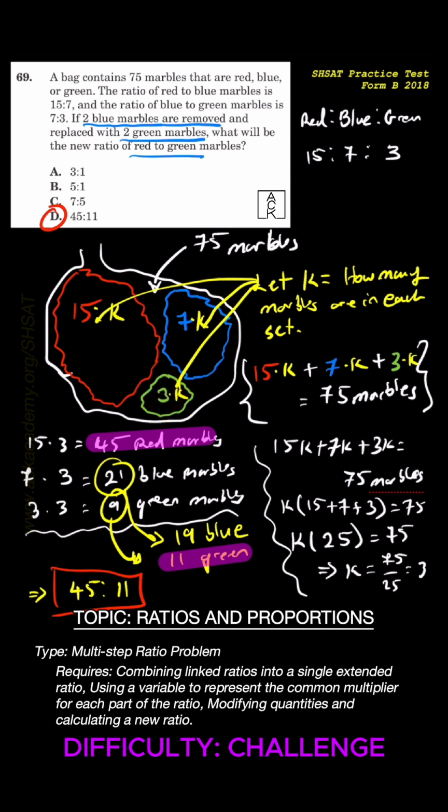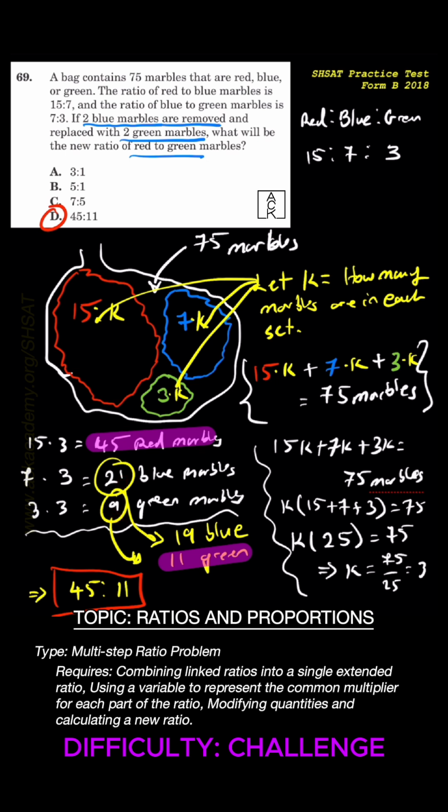Okay? And again, this k is the most important part to figuring out how to get to this answer, is to find this k value. In fact, check. Does this equal 75? Does 45 plus 21 plus 9 equal 75?